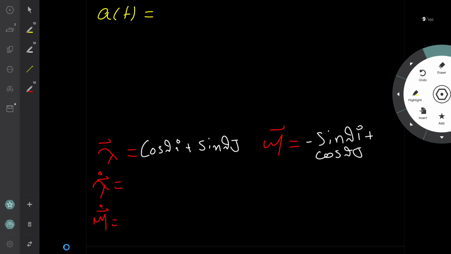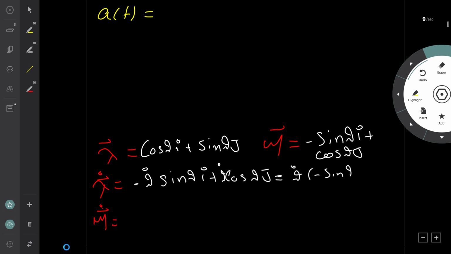Okay, so let's start. The derivative of lambda dot is minus theta dot sine theta along i plus theta dot cosine theta along j. And if we take theta dot as a common factor, we get minus sine theta along i plus cosine theta along j.